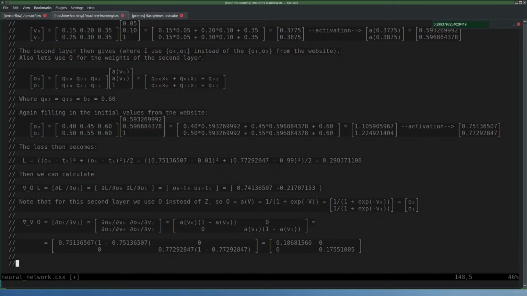Why did I make that mistake though? Because I took V0 here, which is quite logical if you have a V0 here.